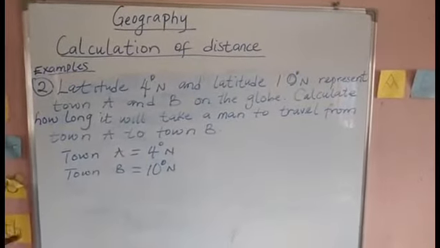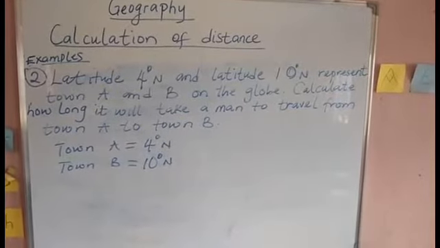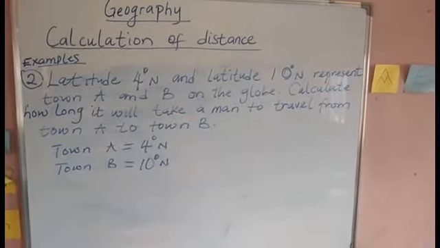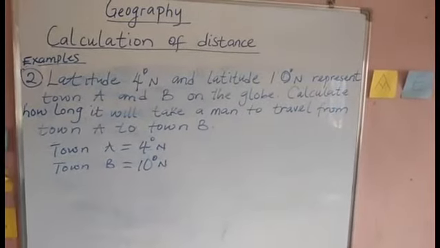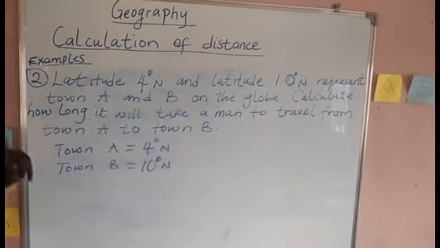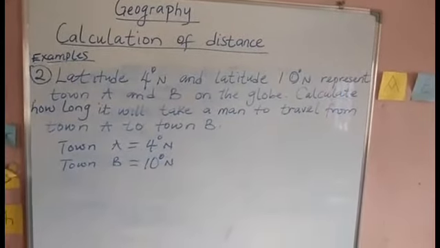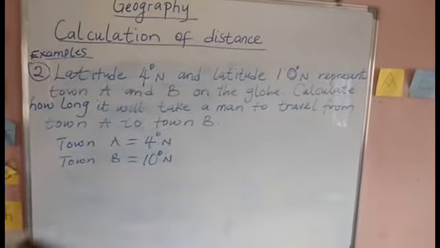Let's look at example number 3. Latitude 4 degrees north and latitude 10 degrees north represent town A and B on the globe. Calculate how far a man will travel from town A to town B. Step number 1, find the 2 locations involved: town A 4 degrees north, town B 10 degrees north.